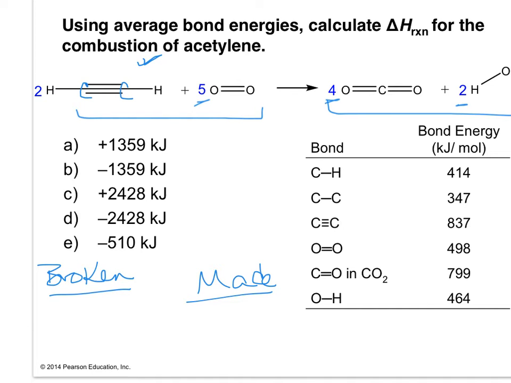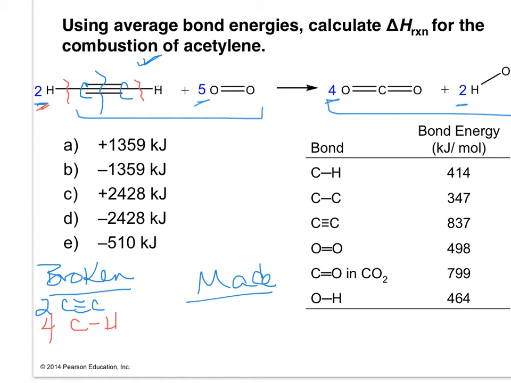All right, what have we broken here? Let's see. We have broken the carbon triple bond carbon, and we have two of those, okay? We've also broken two carbon hydrogens, two on each molecule, but we have two molecules. 2 times 2 is 4.